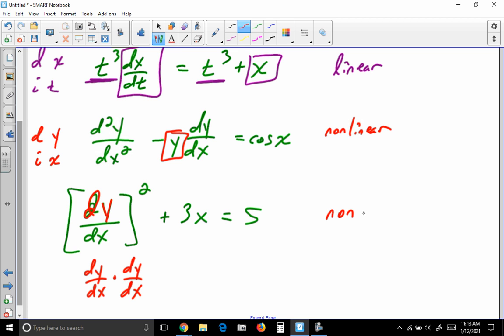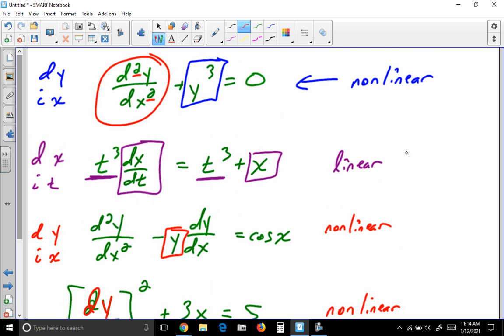If it's more than one, then that's nonlinear. So essentially, to be linear, our dependent variable has to be to the first power. Any coefficients have to be of the independent variable.